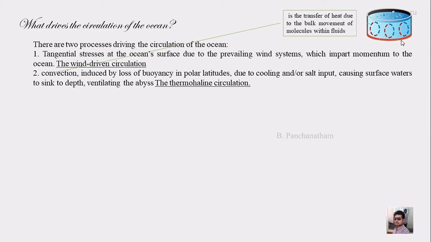Let us take an example: there is a loss of buoyancy in the polar latitudes, due to cooling or addition of salt, that causes the surface water to sink to depth, and this ventilates the abyss. Such a movement of water due to the difference in temperature as well as salinity is termed the thermohaline current.